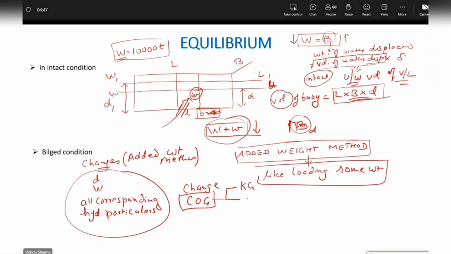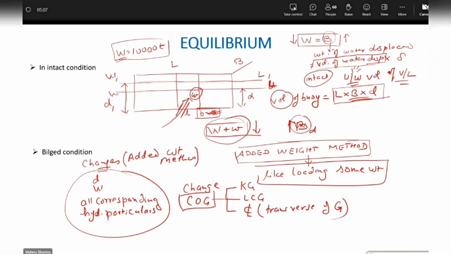It may cause a change in the longitudinal center of gravity depending on the longitudinal upsetting it causes, or it may cause a shift with respect to the center line, the transverse shift of G. Guys, all this you know happens when you load any weight on the ship.